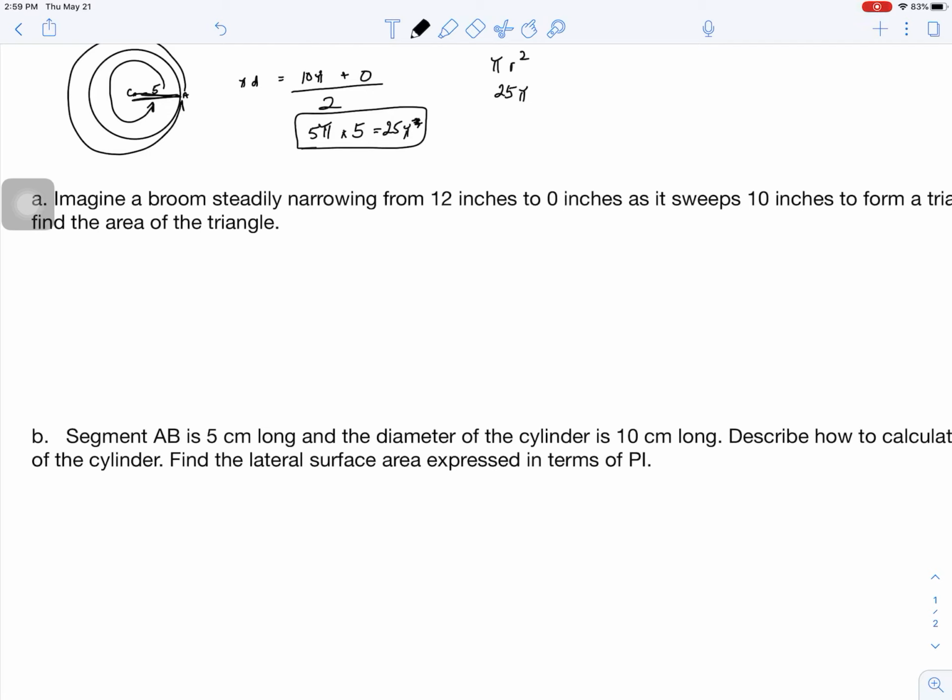Imagine a broom steadily narrowing from 12 inches to 0 inches as it sweeps 10 inches to form a triangle.